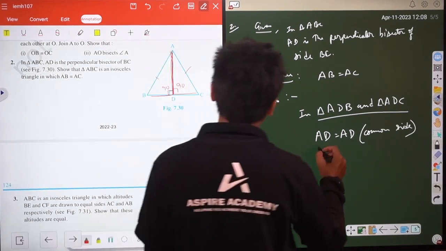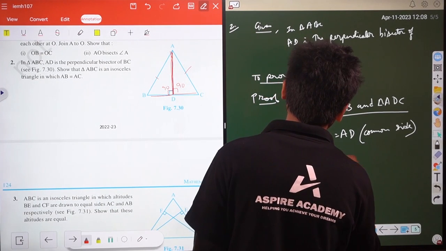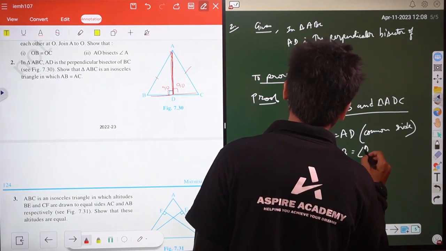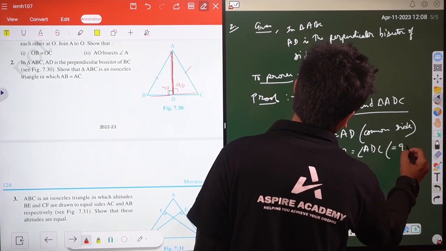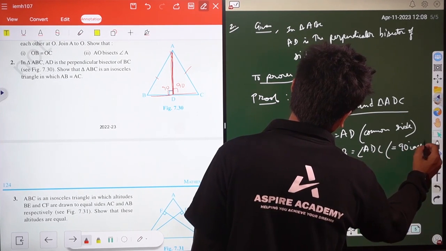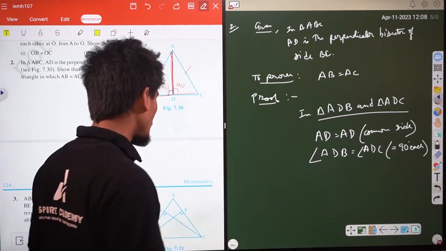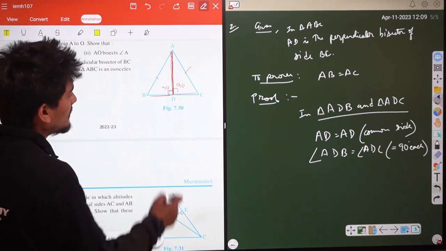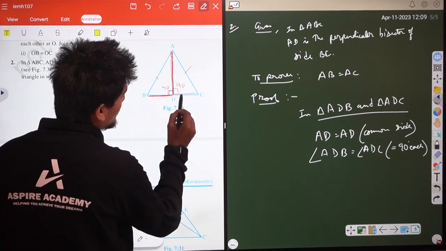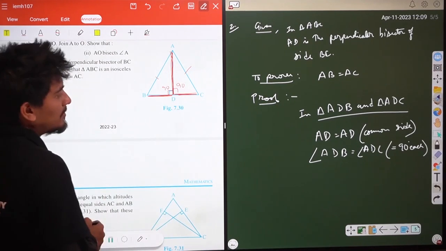So we can say that angle ADB is equal to angle ADC, which is equal to 90 degrees. And BD is equal to this side DC. Why?